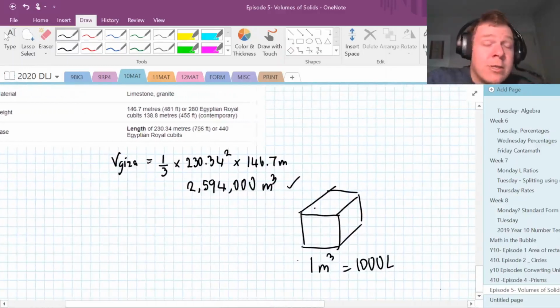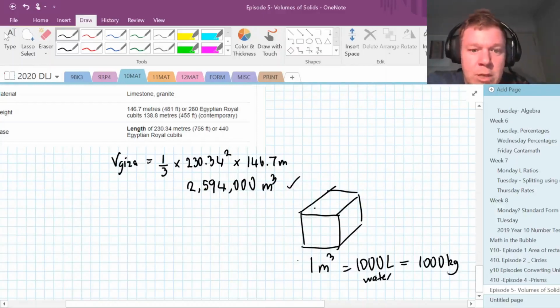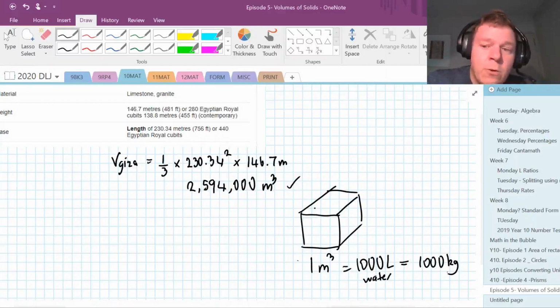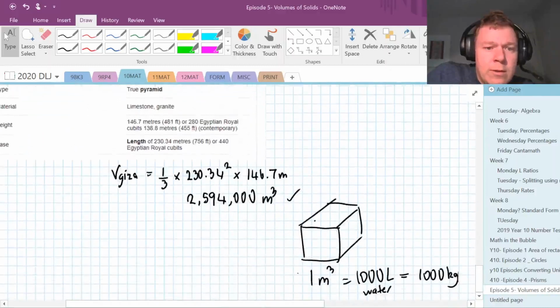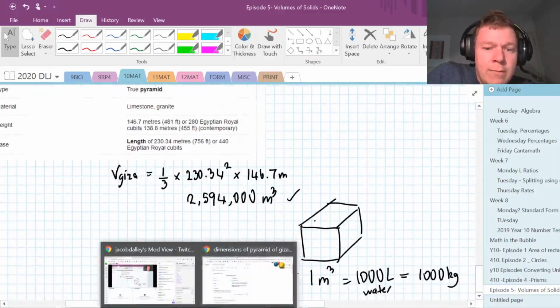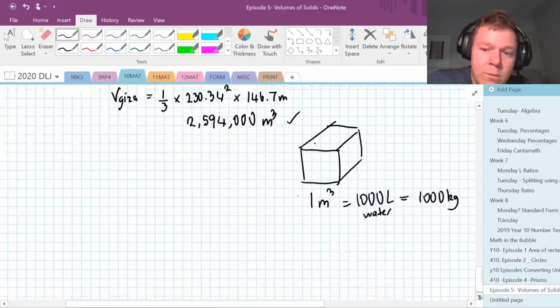But the other interesting thing about units and SI units is that 1,000 liters of water is 1,000 kilograms. But that's not the case for all things, because why do rocks sink?